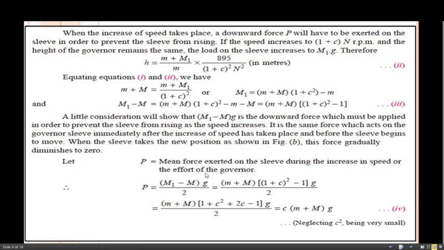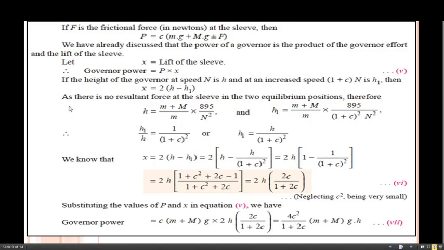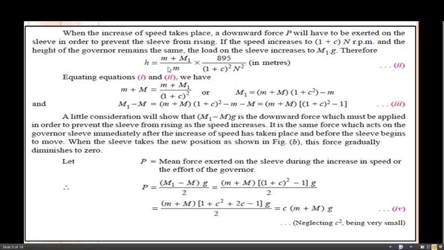Our ultimate target is to get the value of P as well as x, so that we can get the power. We have already discussed that.